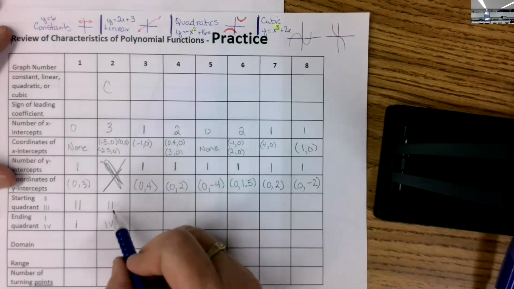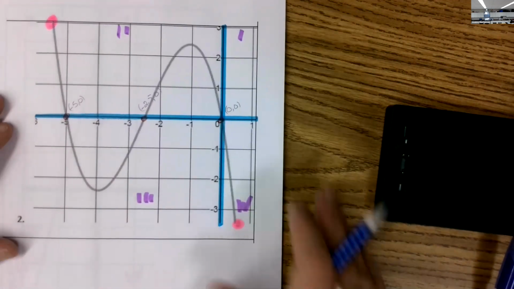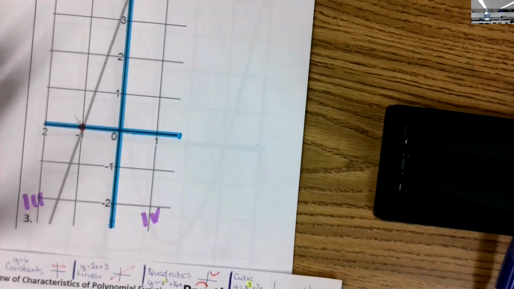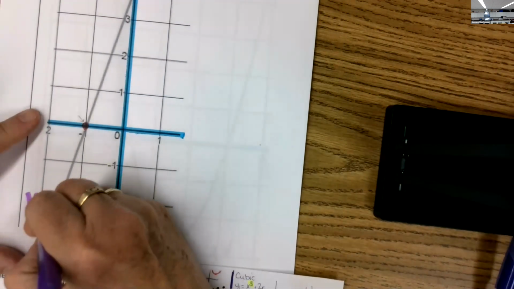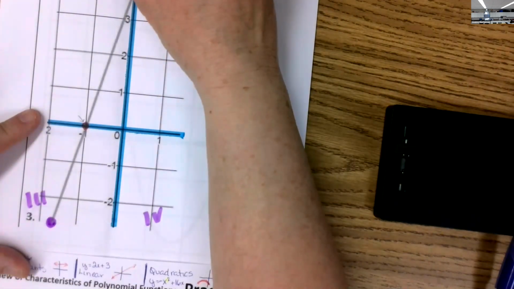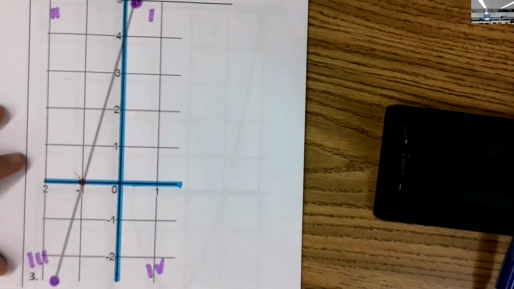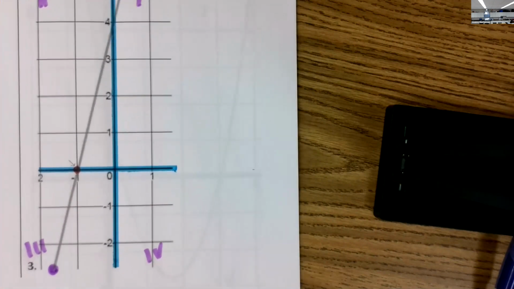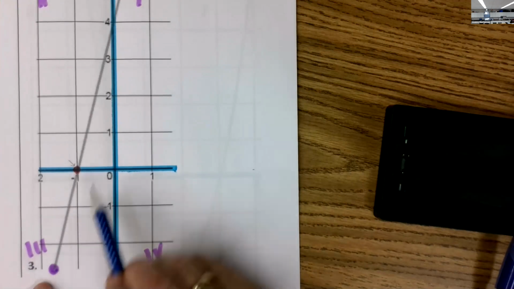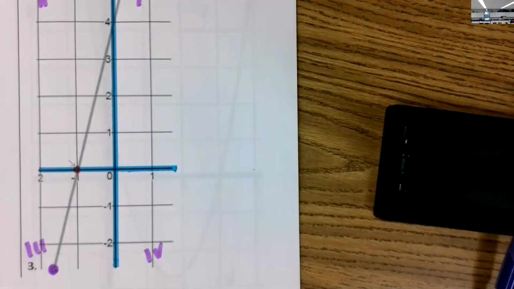All right, so you should have 2 and 4. Sammy, what quadrant does it start in? The next one, this is number 3. Yep. 3 and 1. And so 3 over here and ends up in number 1. Cool.